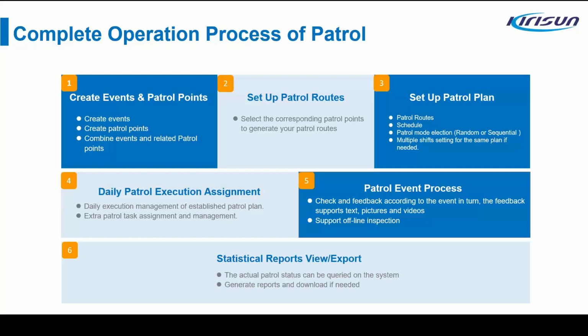For example, due to the COVID-19 virus spreading, the building is blocked, so you must stop the patrol points in this building. And another example is when a VIP will visit your industrial park, then you need to strengthen the security level. So you need to create temporary extra patrol tasks. You also can set it up by this feature.